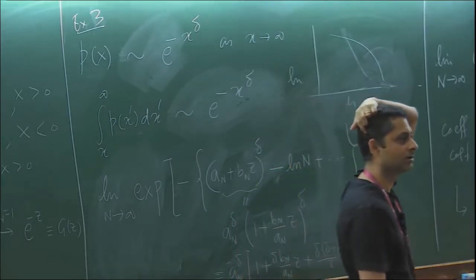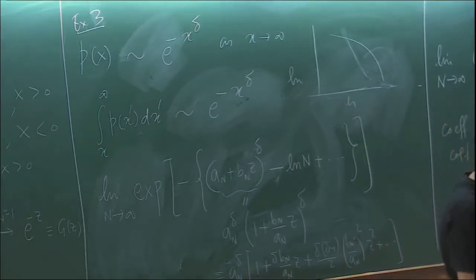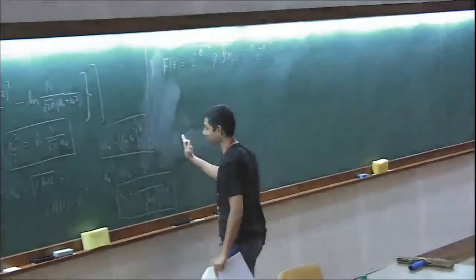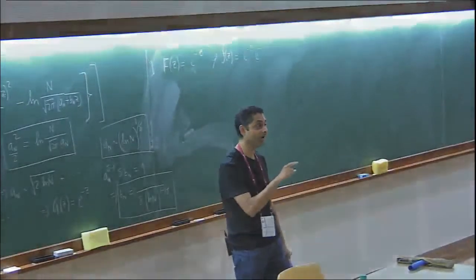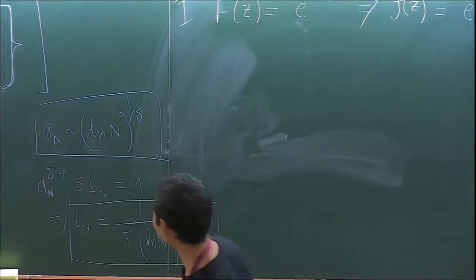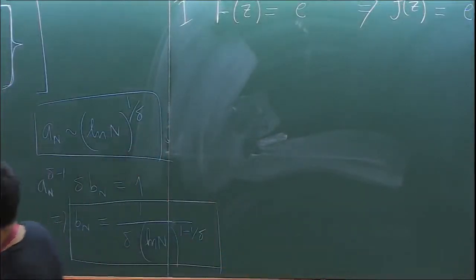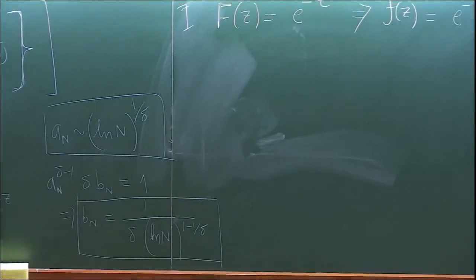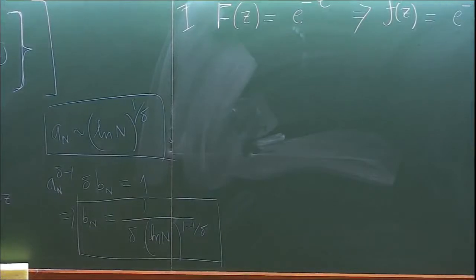Exponential of log, right? So this is a good thing actually. Exponential of a log decays slower than exponential, but you can have exponential of a log of something. Suppose, how does this function behave now?